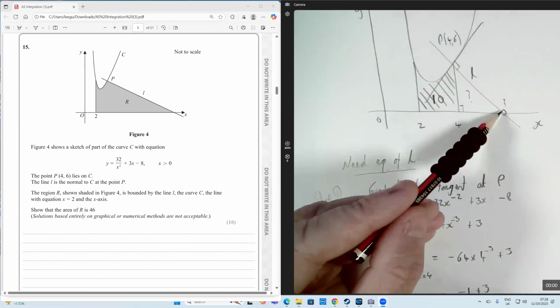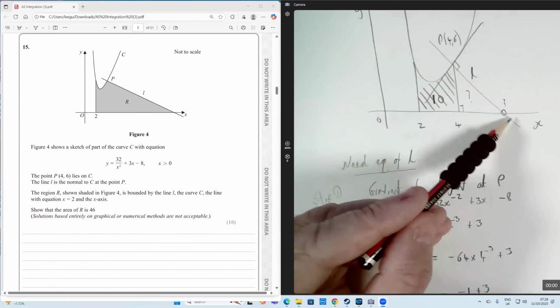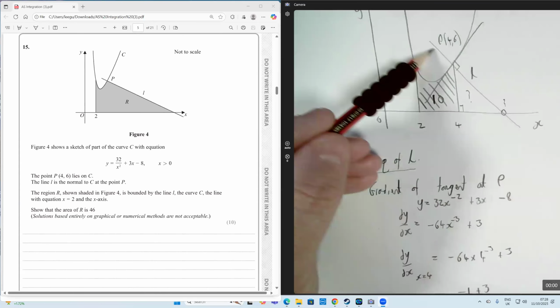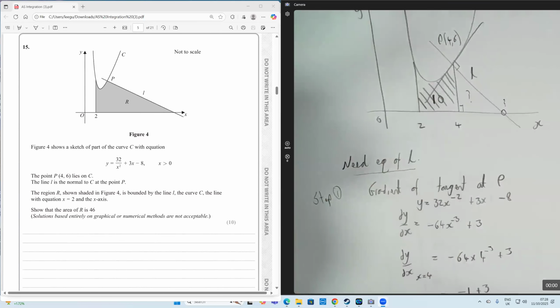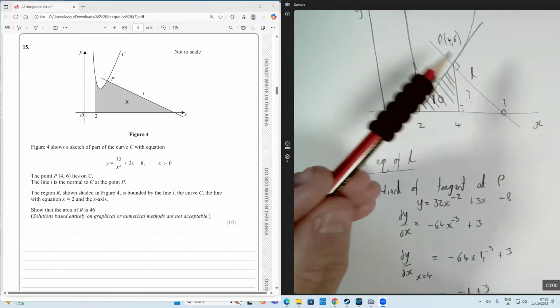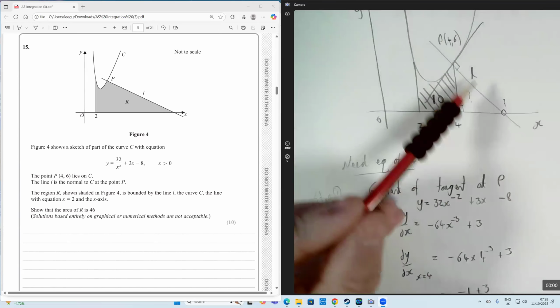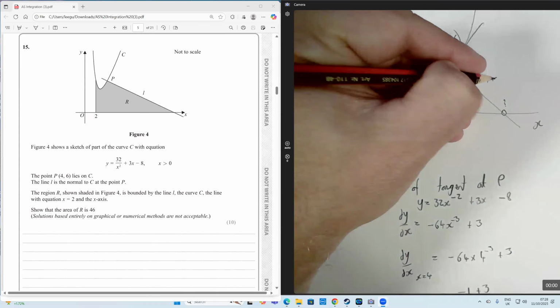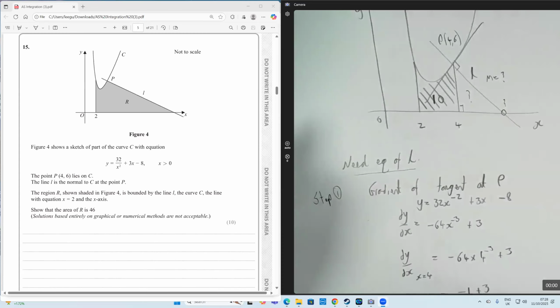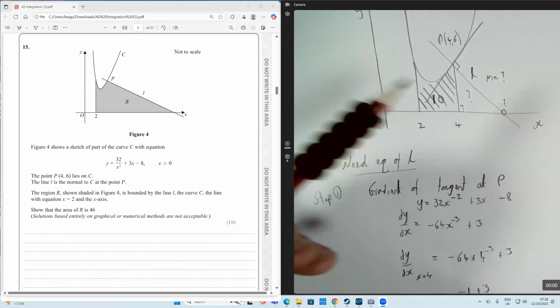But in order to find the coordinate of that point, we're going to need to know the equation of this line, L. There are two things you need to know the equation of a line: the coordinate of a point and its gradient. So we need to know what the gradient of L is. We're working backwards through a chain of logic here.